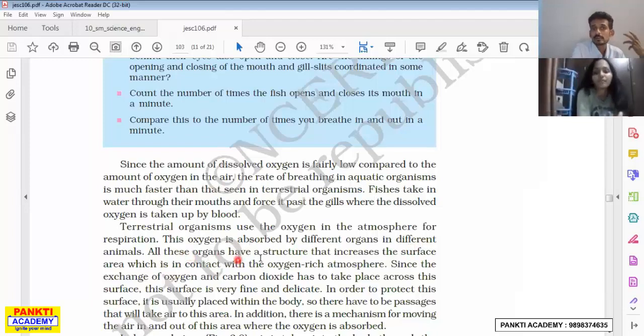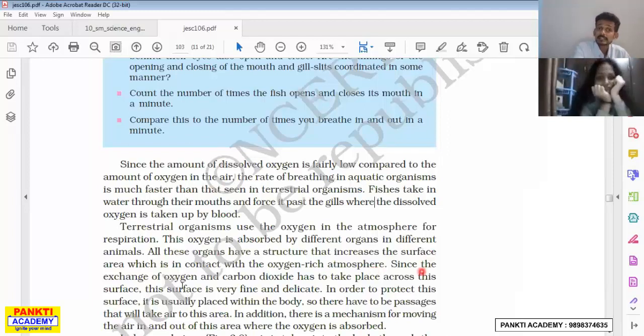All these organs have structures that increase the surface area which is in contact with the oxygen-rich atmosphere. So in any organism, this structure is what type of structure here, beta? They increase the surface area to touch the atmosphere, and that's the reason they get maximum oxygen.